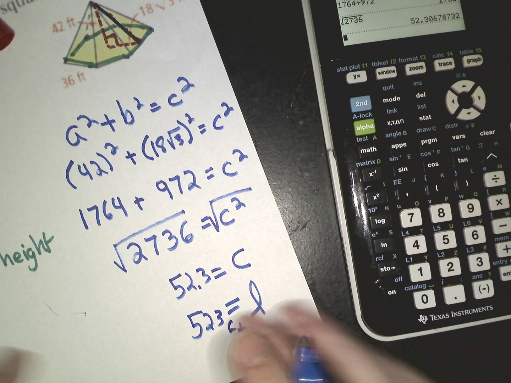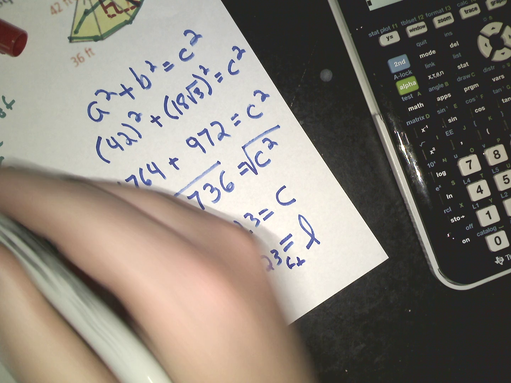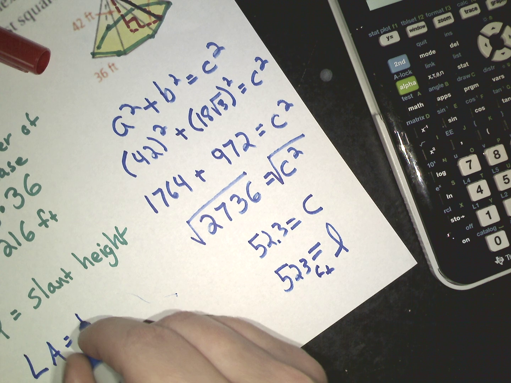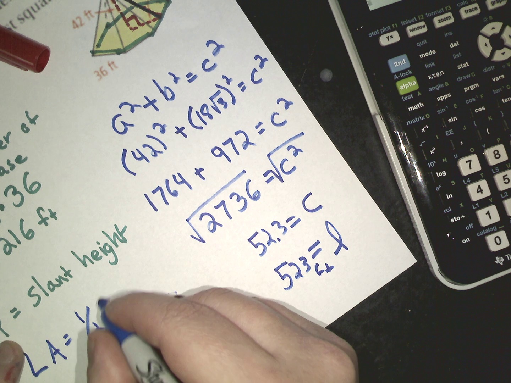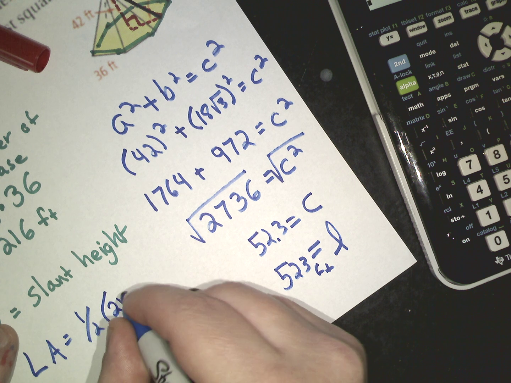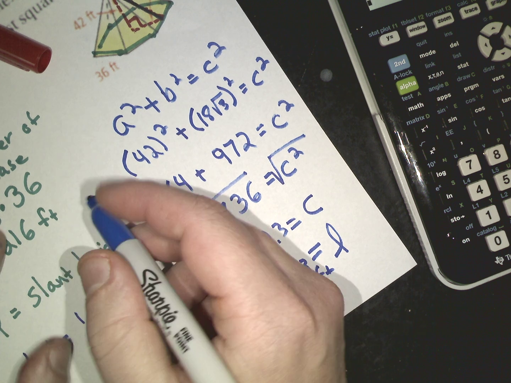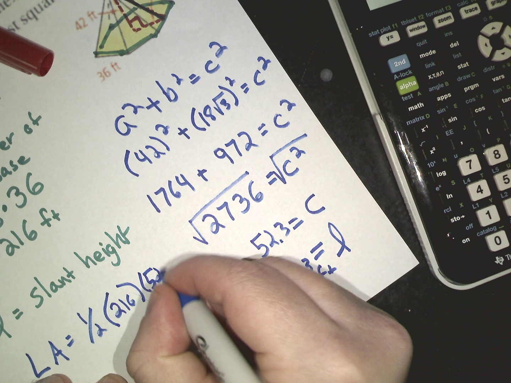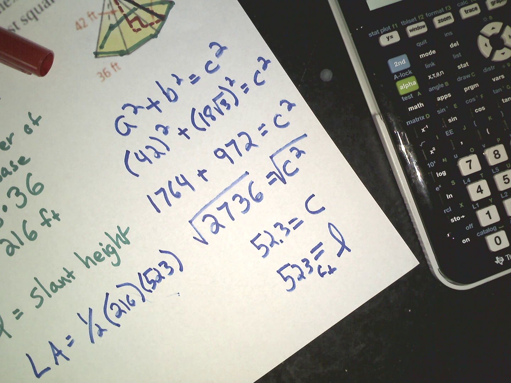Okay, so now back to this original equation here. LA equals 1/2. Well, I got the P, 216. And now I got the L, 52.3. And the only thing I can do, again, huge numbers here.